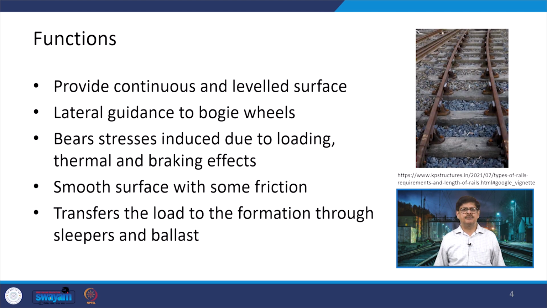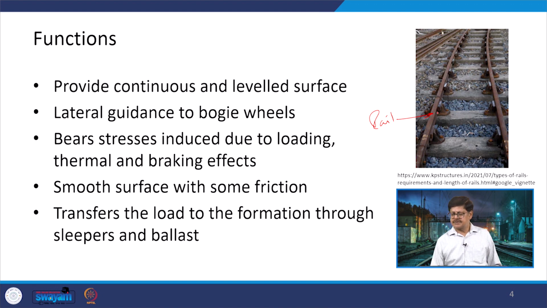So, let us start with the functions which the rails provide when being used as a part of a track. The very first thing is that it provides a continuous and a leveled surface. As we see in the photograph on the right-hand side, the rails are being supported by a system, the sleepers and ballast at the bottom.